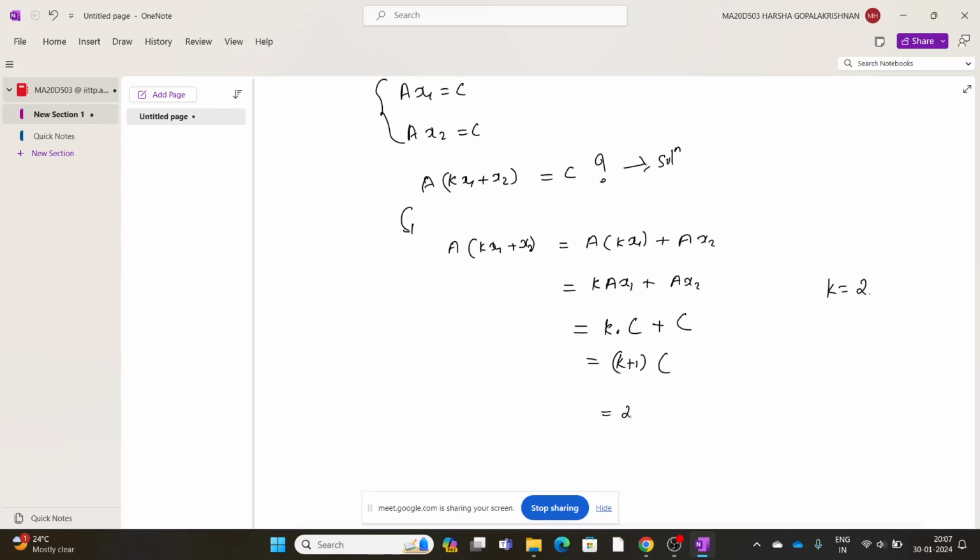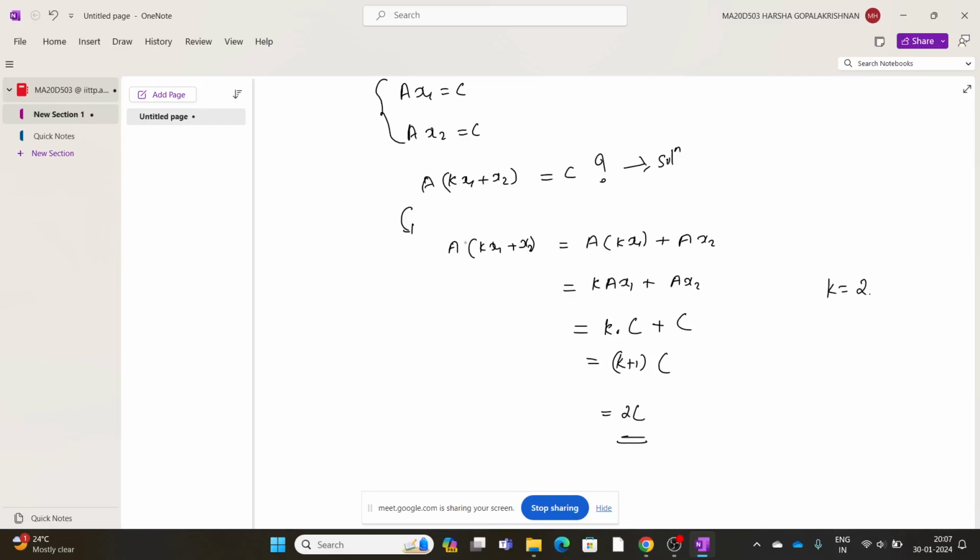Then this is 2C. If it is a solution, A into Kx1 plus X2 should be equal to C. But we are getting 2C, or in general K plus 1 times C. That means it is not a solution. If it is a solution, it should satisfy this. We should get only C.